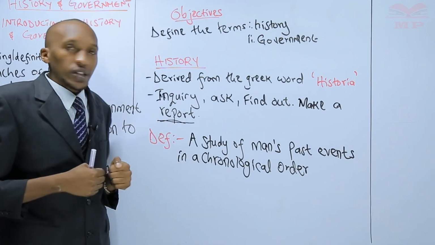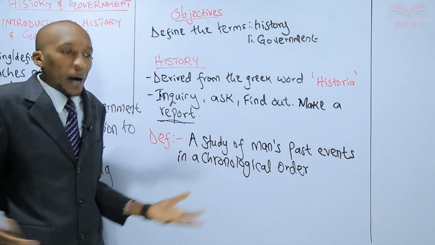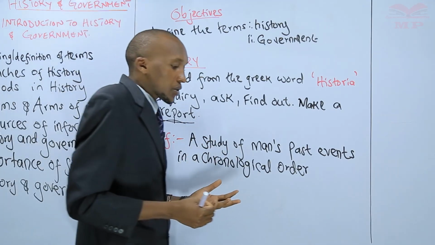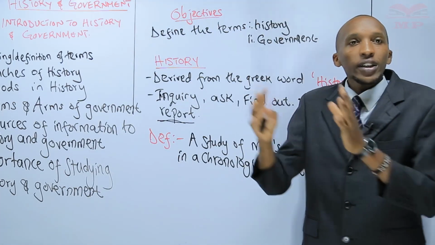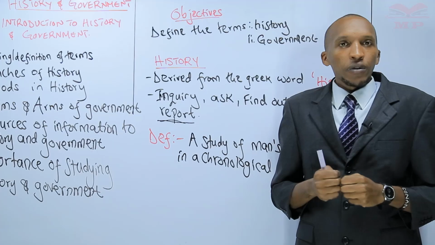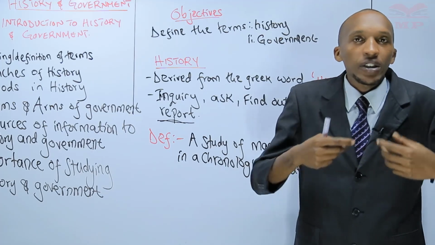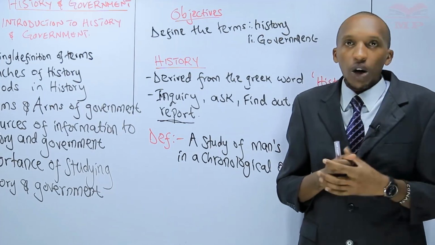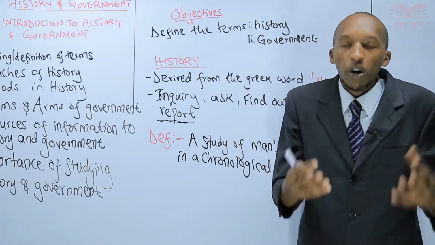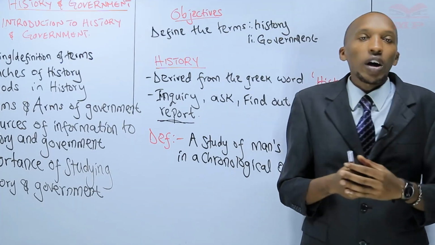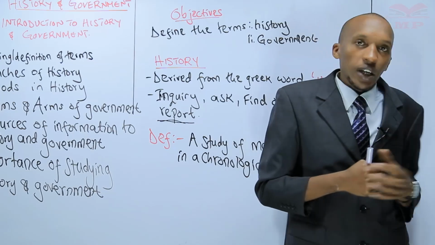That is history. The important part is that we have to put time on events. For example, do the clothes you are wearing right now mean that is how your parents wore clothes during their time?